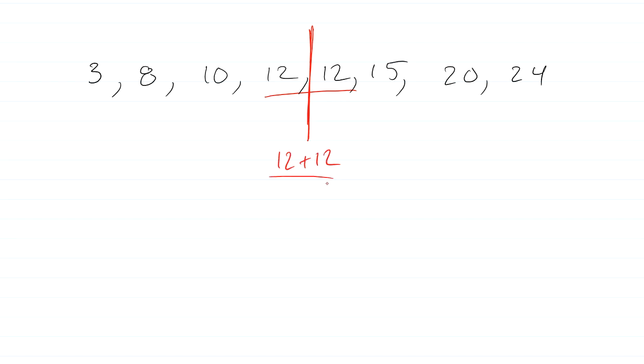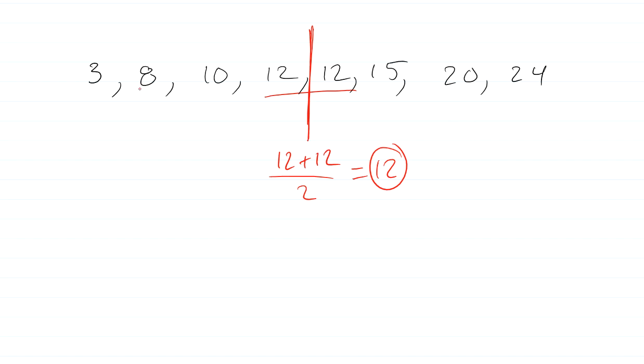This is incredibly simple because it's the same value, so the average of 12 and 12 is 12. Because I didn't use one of those values to find the median, the lower half has 4 numbers and the upper half has 4 numbers.